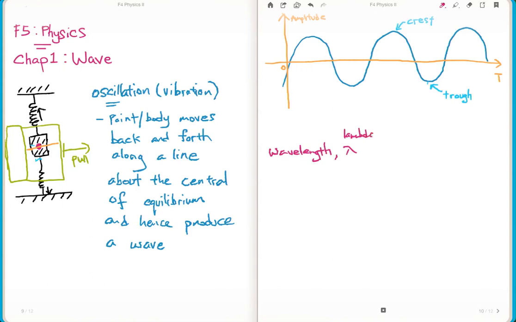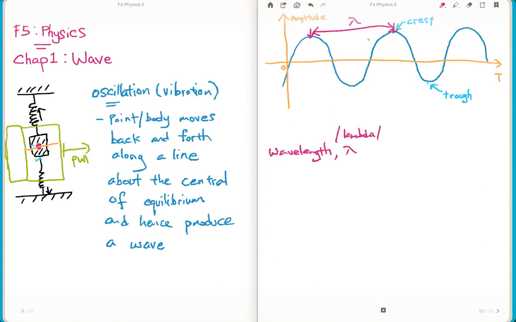Pronounce lambda. Okay, what is it? How do you measure it? It's the distance from one crest, this point, to this point. In terms of length, how far are they apart? The crest to crest, they call lambda.